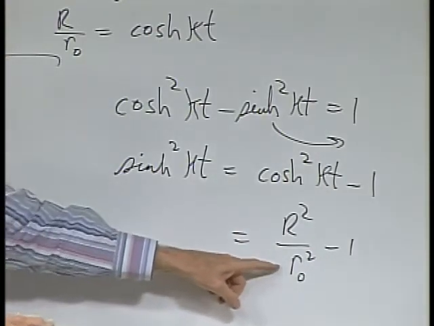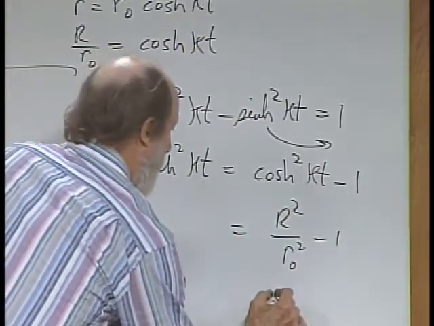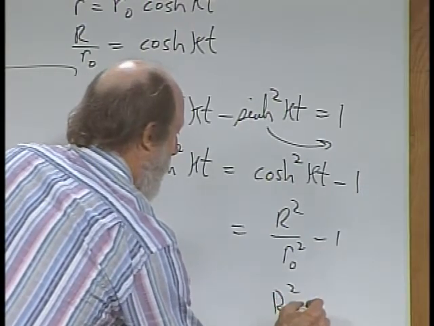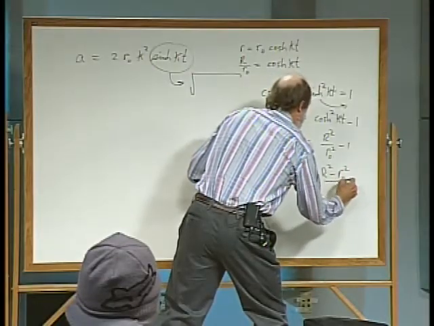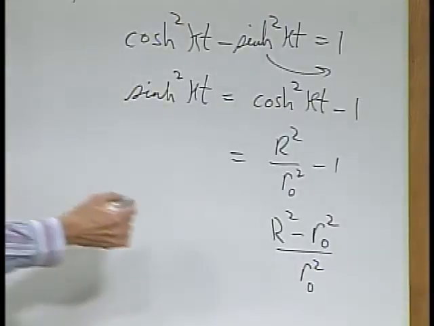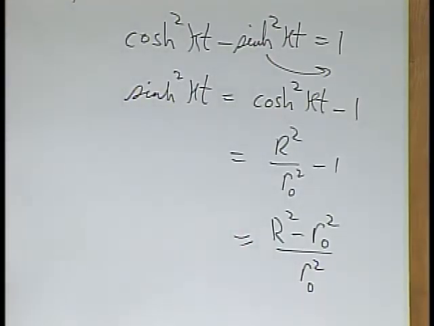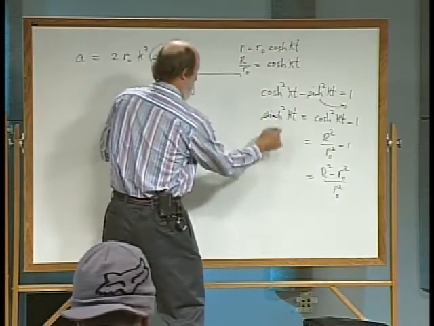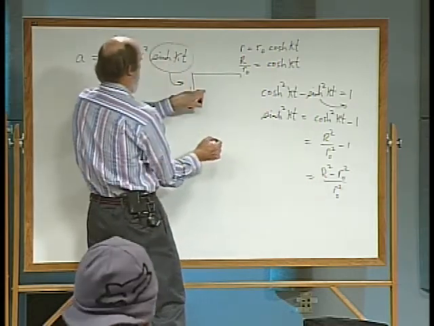And then, if we chose to, we could write that as R squared minus r naught squared over r naught squared, with a common denominator like this, right? And then put the radical of this in, right in here.